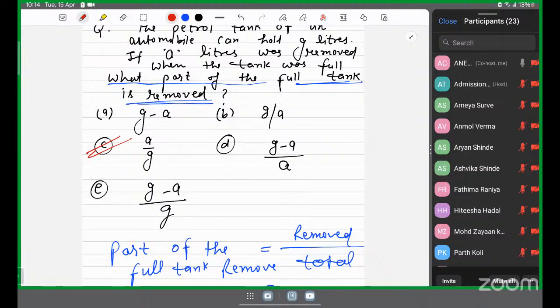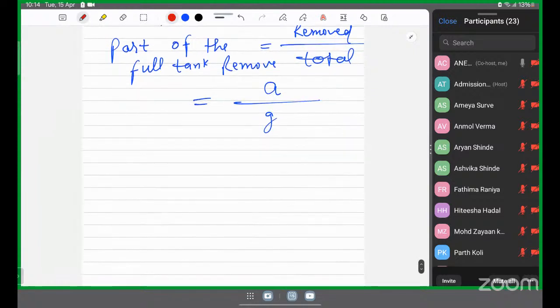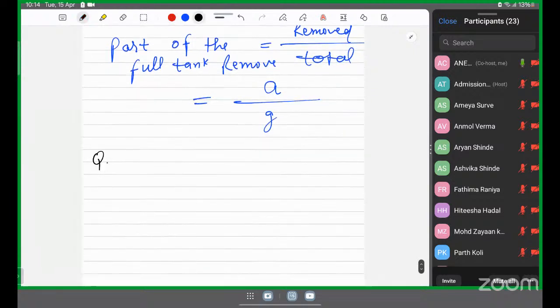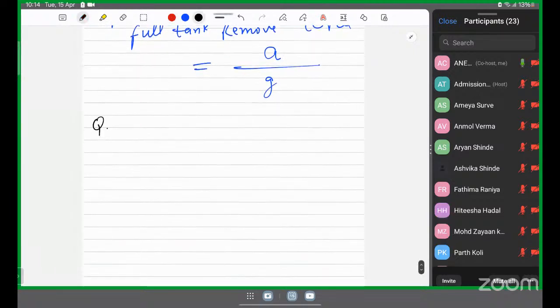Understood or any doubt? Last question is a simple question. Two pipes A and B can fill a tank in 20 and 30 minutes respectively.